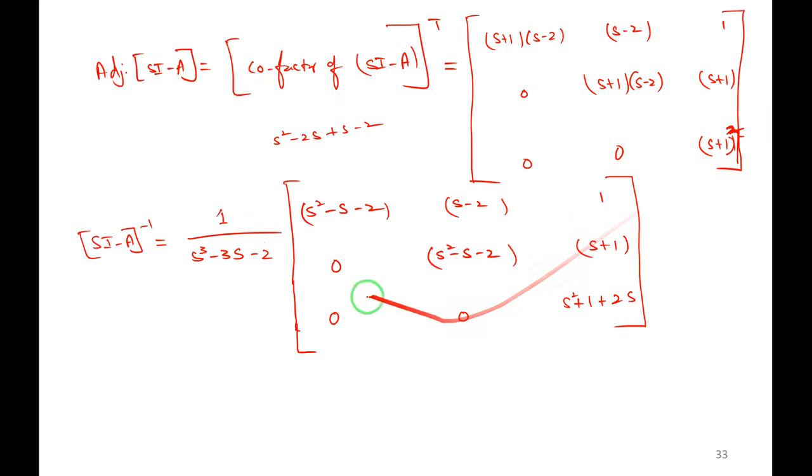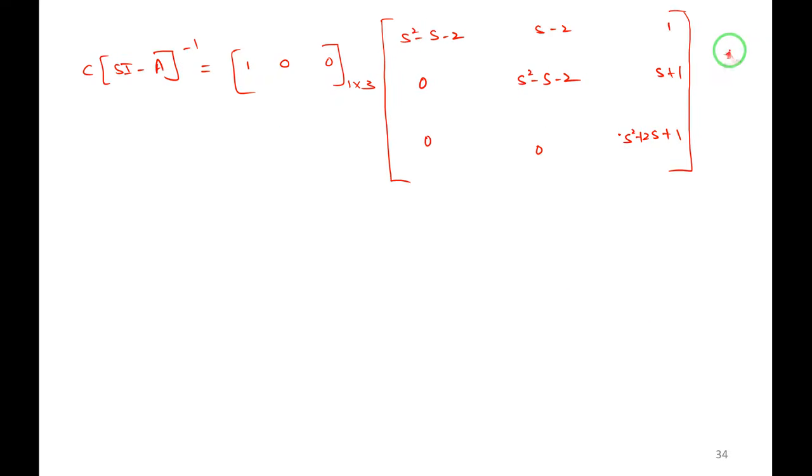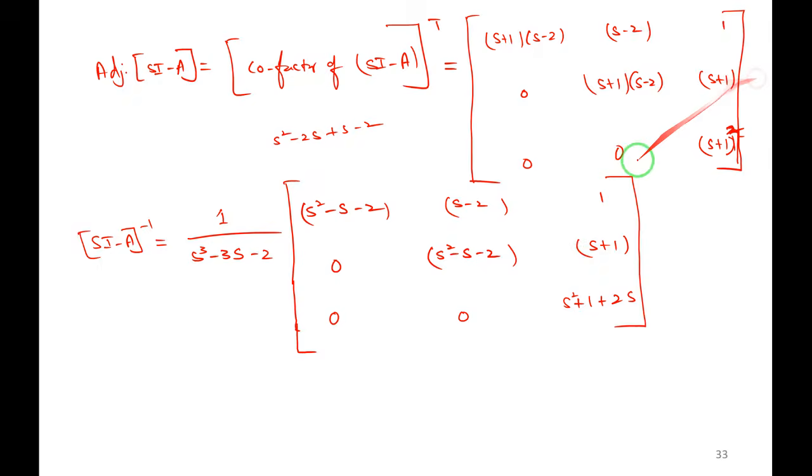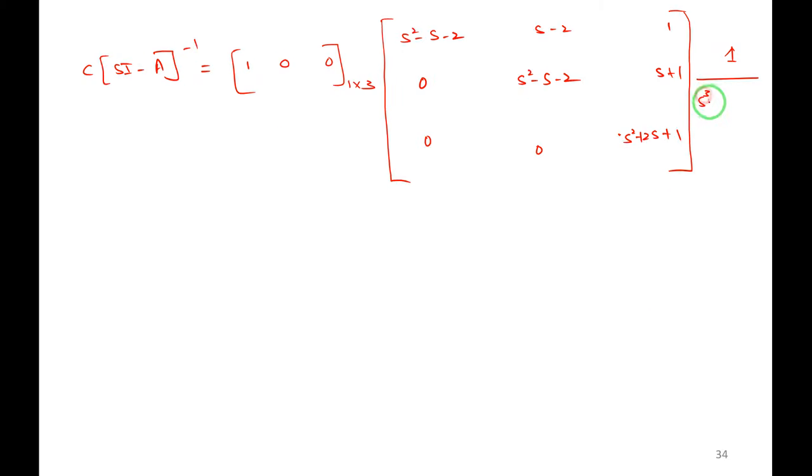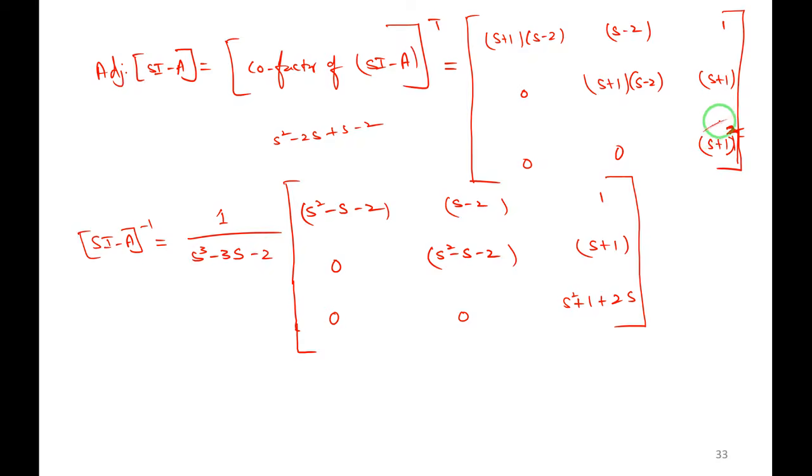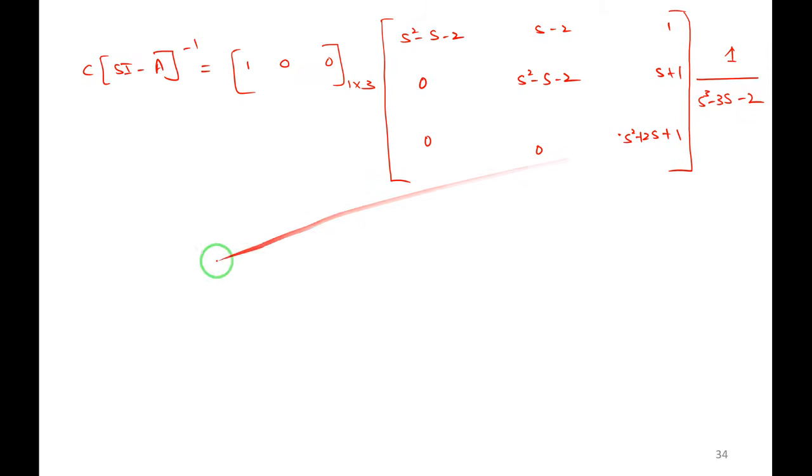I should not leave this one; I have to take 1 divided by s cube minus 3s minus 2. So this is a matrix 3 cross 3.